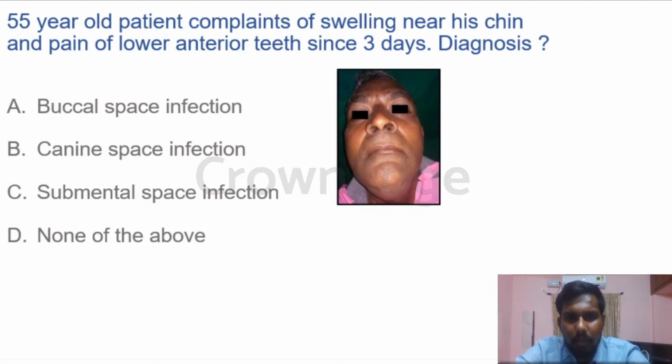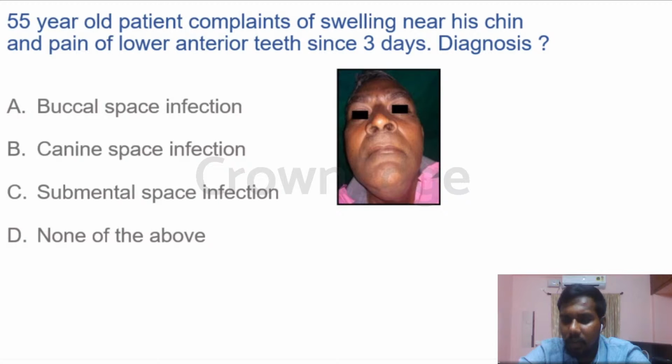If you see the picture there, you can see a swelling near the chin region which is looking very erythematous. And I've also given another clue there, pain of lower anterior teeth.